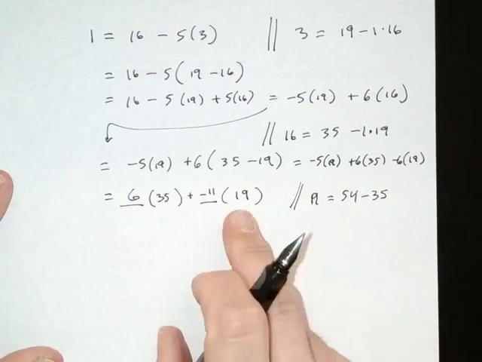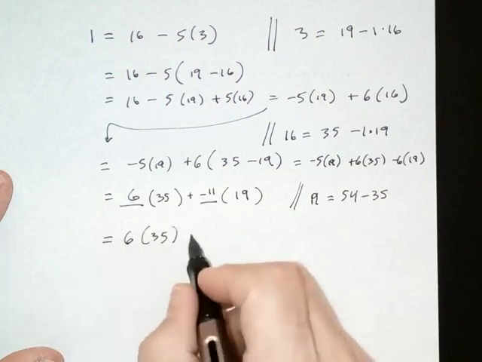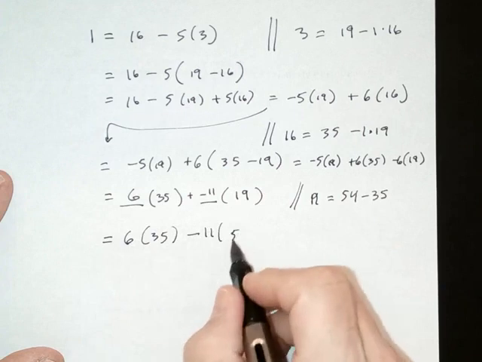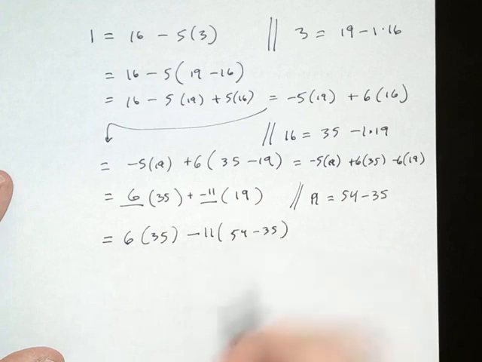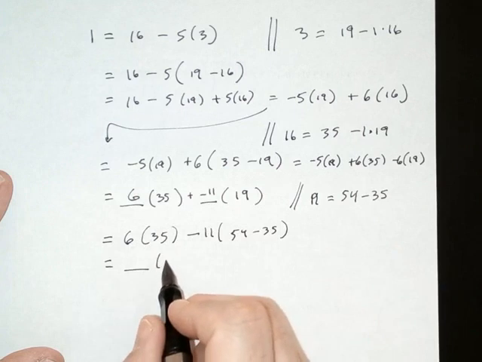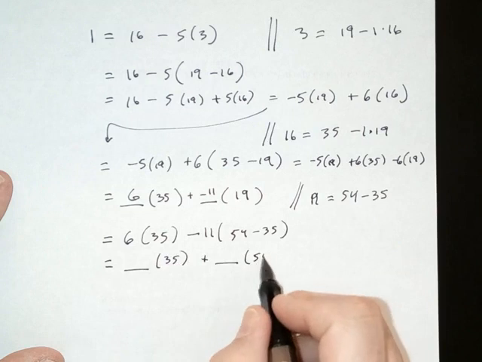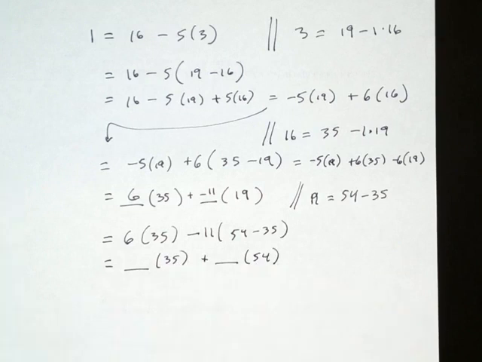Put that here. And regroup. How many 54s?